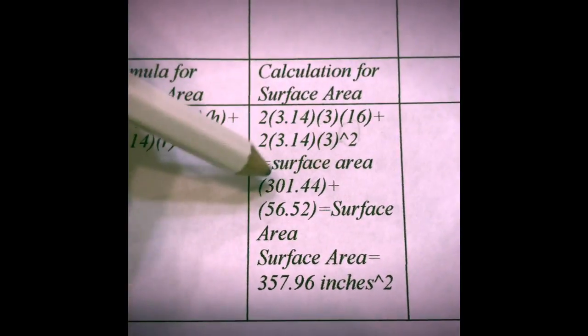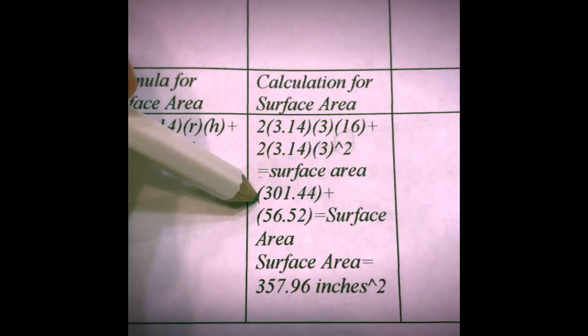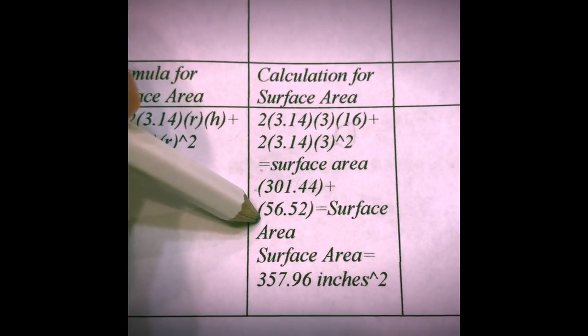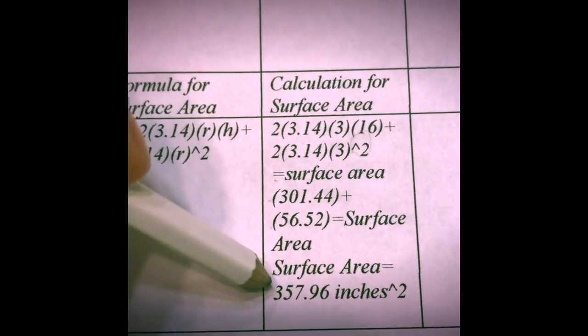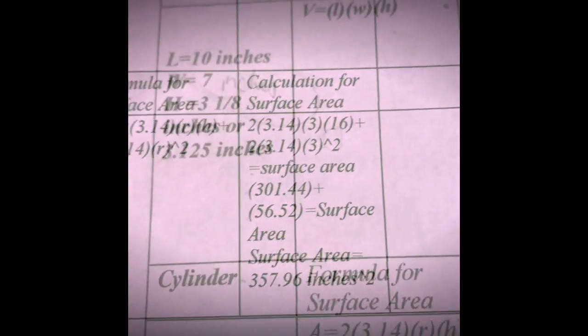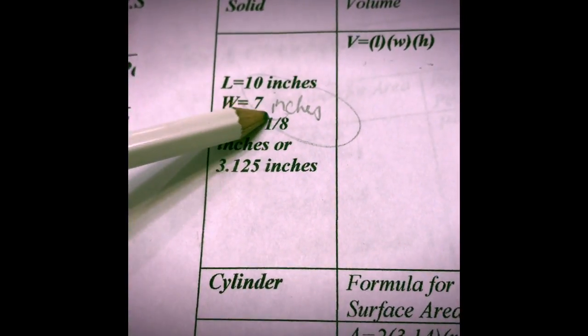And that'll give you the surface area. For the first calculation, it was 301.44 plus 56.52. Add those together, you get 357.96 inches squared.